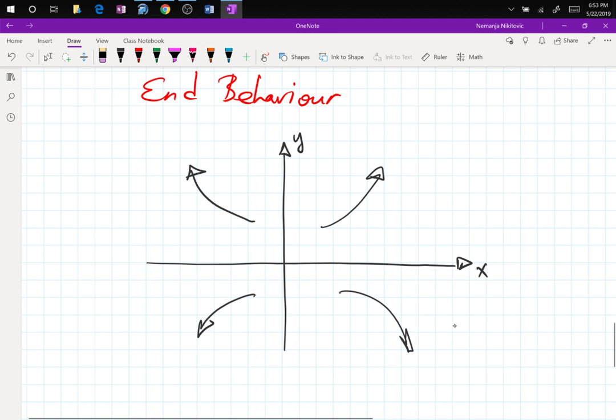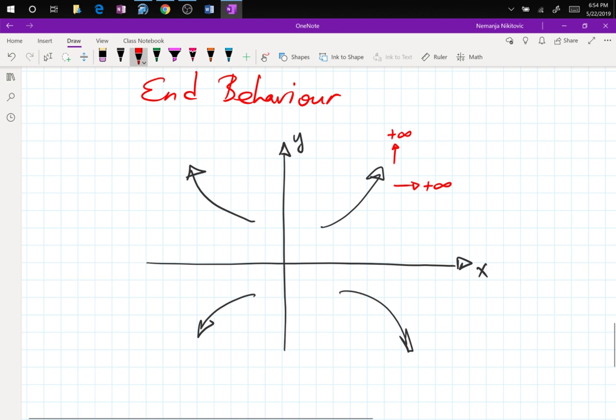So, end behavior. Note that for this particular arrow in the first quadrant, as your x goes to positive infinity, your y goes to positive infinity. You have all seen vectors, and you know to decompose them into x and y components.